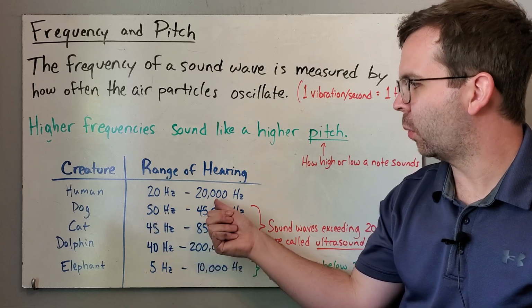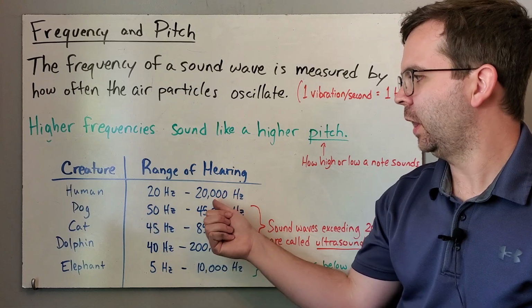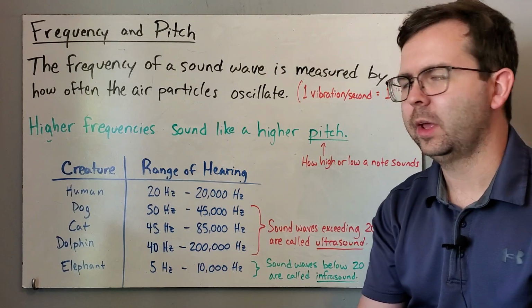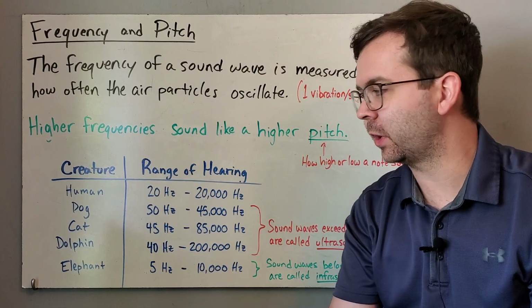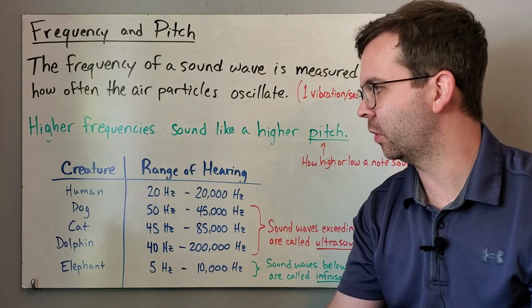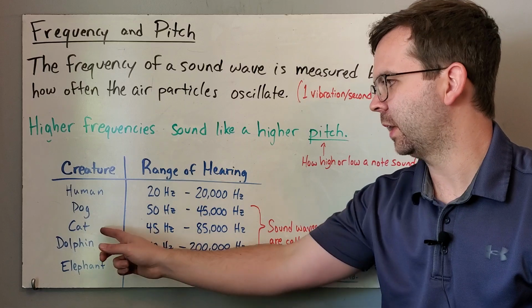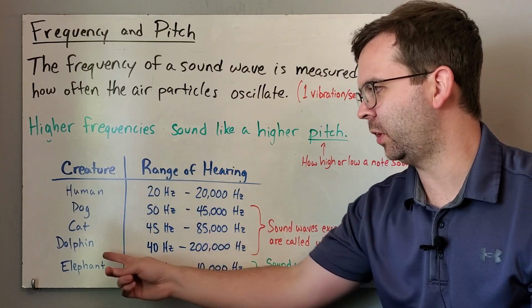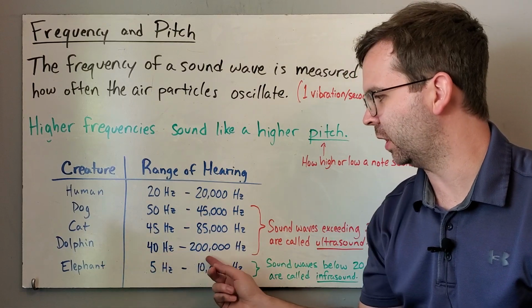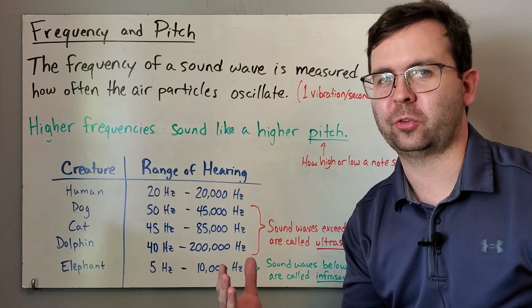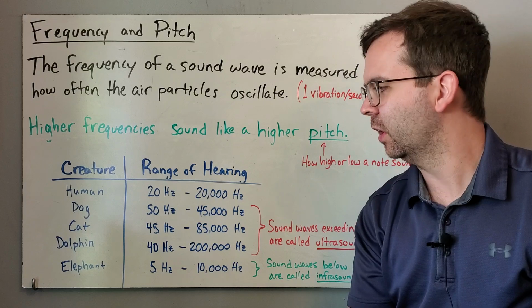But we can hear up to 20,000 hertz. Anything over 20,000 hertz we call ultrasound, and there are some animals that can hear those kinds of frequencies. For example, dogs can hear up to 45,000 hertz. Cats go up to 85,000, and I've seen some places say that dolphins can hear up to 200,000 hertz. That's ultrasound, ultra high frequencies.